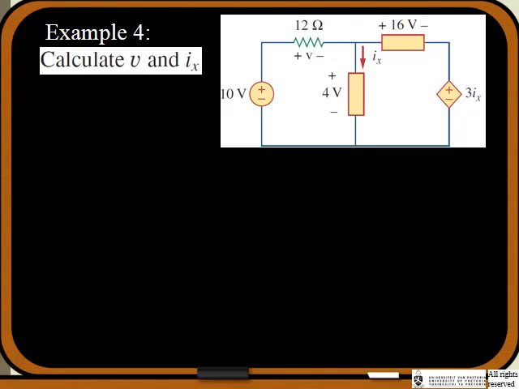That's not going to work. We also can't simplify the circuit, because for these two circuit elements sitting over here we don't know what the resistor values are, so we can't combine them. And then we've got this current controlled voltage source, which we also can't simplify, so that's not going to work either.